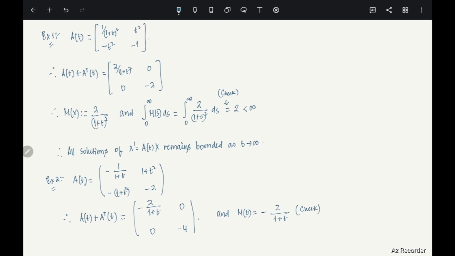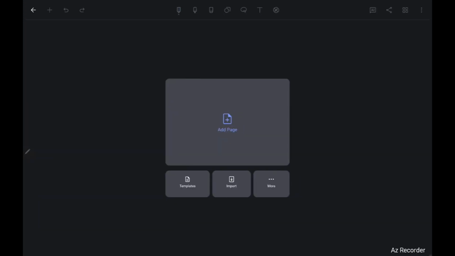Since this is the case, therefore the integral from 0 to infinity of m(t) dt, if you calculate that, will be nothing but the integral from 0 to infinity of minus 2/(1+t) dt, and that is going to be minus infinity if you calculate it.